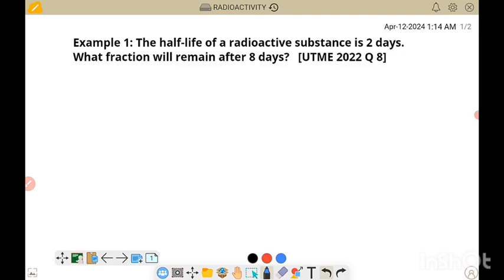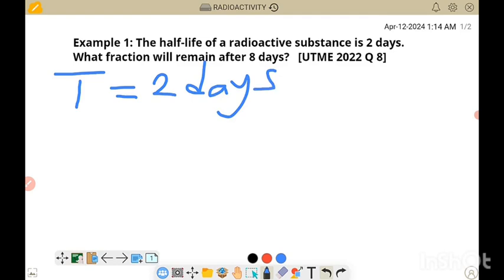Now what we have in this question is the half-life. It is given as 2 days. According to the question, the half-life is 2 days. And they ask us what fraction will remain after 8 days. That is the fraction remaining after decay, and that represents n over n naught.